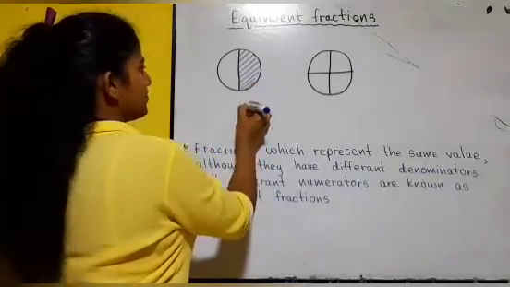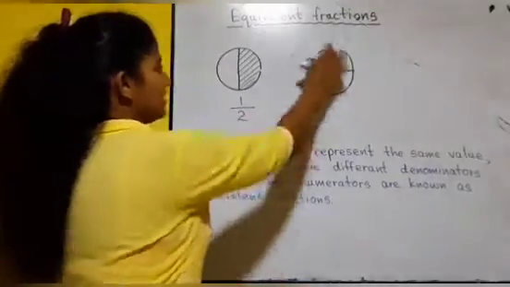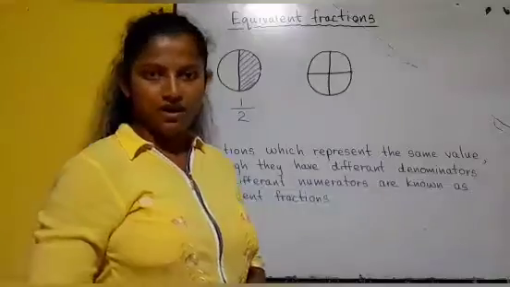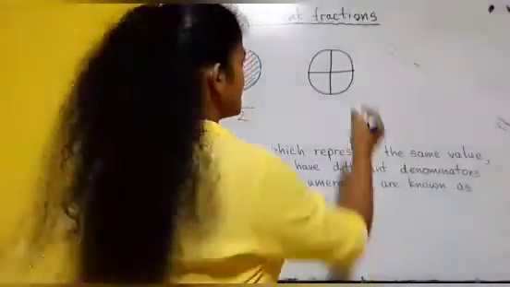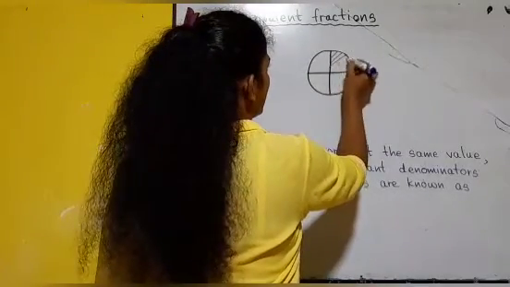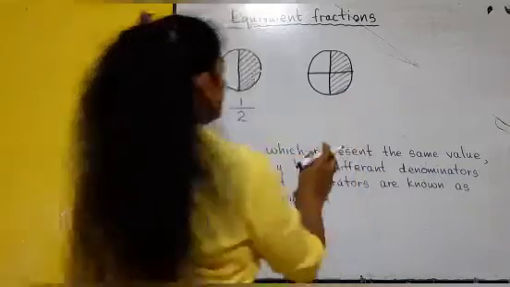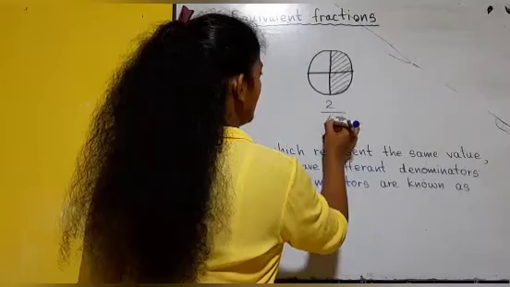Now the fraction represented here is 1 over 2. Then the second circle is divided into 4 equal parts. In this circle I am going to shade two parts. One part is shaded, then two parts are shaded. Then the fraction represented here is 2 over 4.